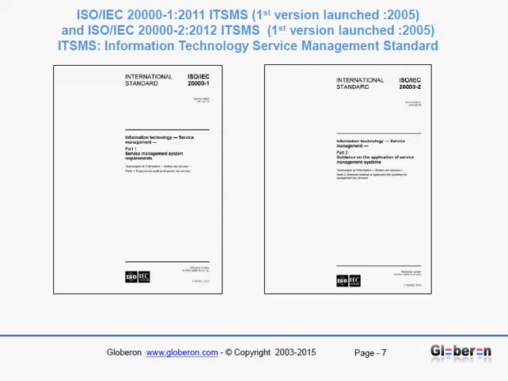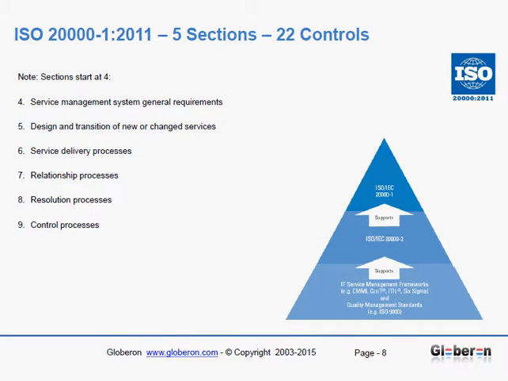So as mentioned earlier on, the ISO 20000-1 is the standard, and the ISO 20000-2 is the Code of Conduct. That's actually the guideline from how you need to implement the standard. So the revised version in 2011 exists out of 5 sections.